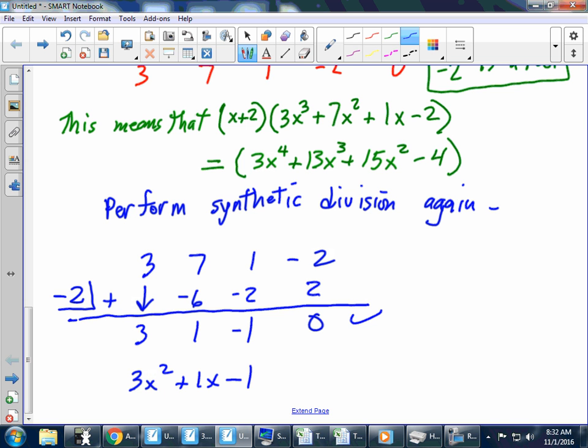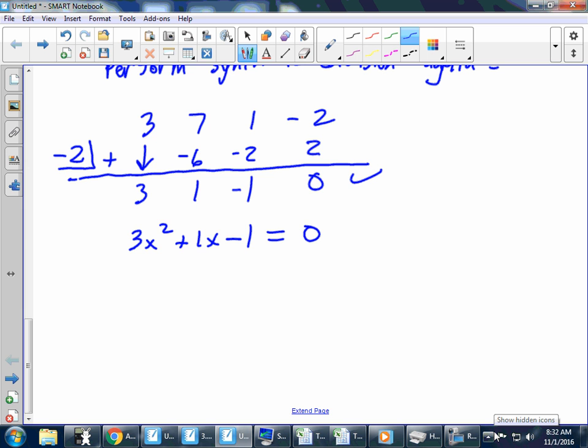We can set that equal to 0. Use your quadratic formula program: a equals 3, b equals 1, c equals negative 1. Or factor it, or complete the square, whatever. The quadratic formula program is probably the fastest. Let's start with the roots. When you run the program, what do you get, Cameron?